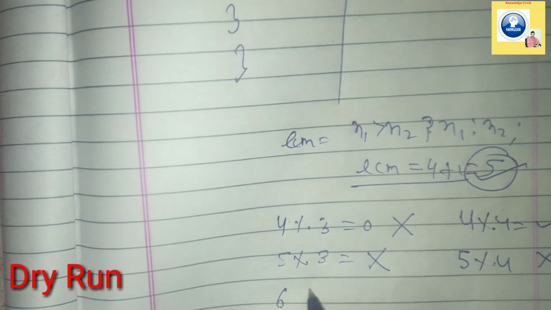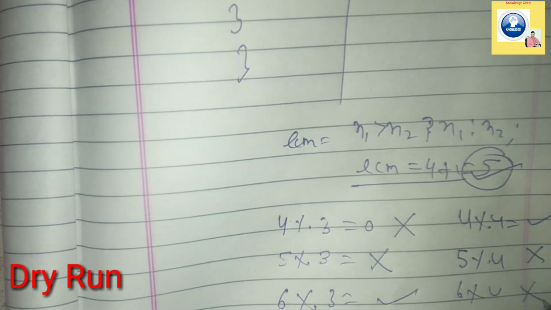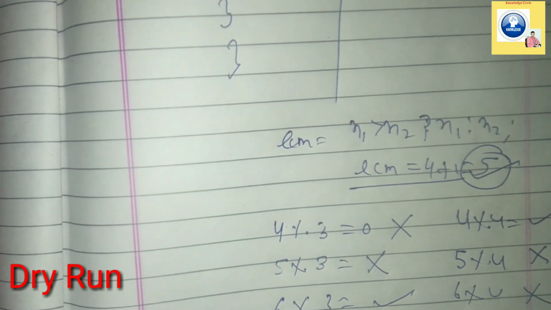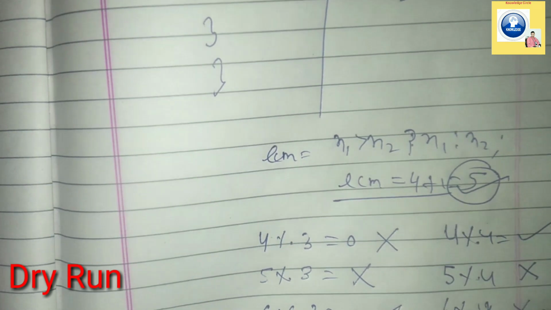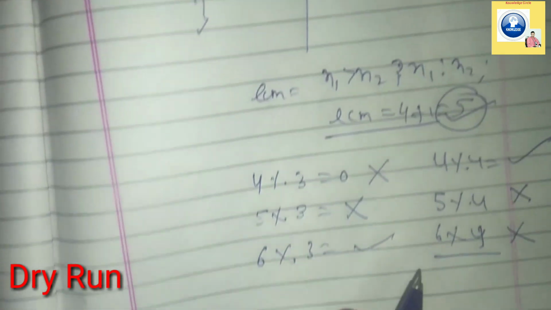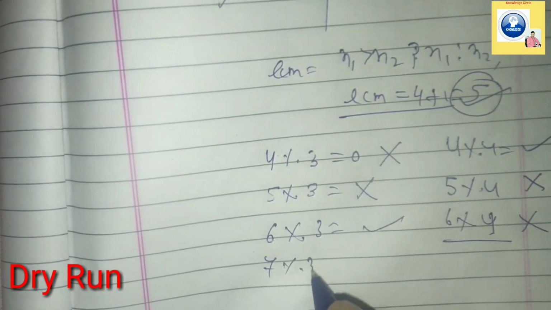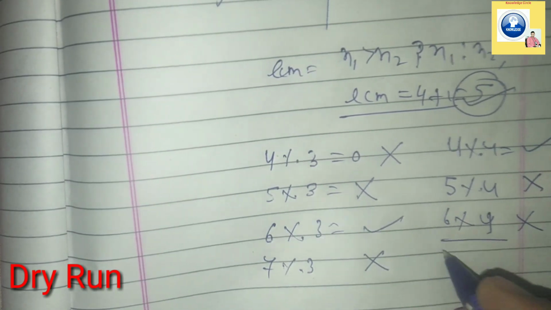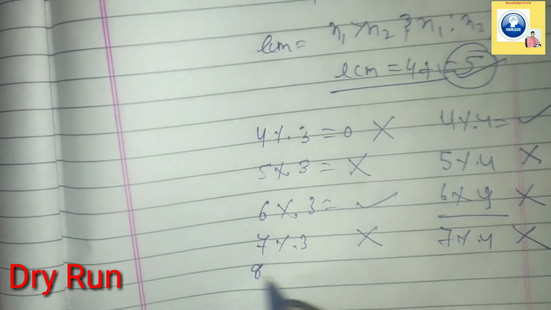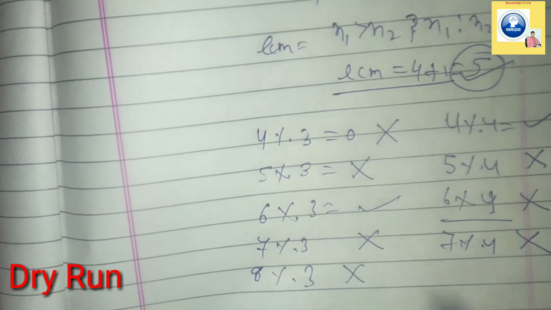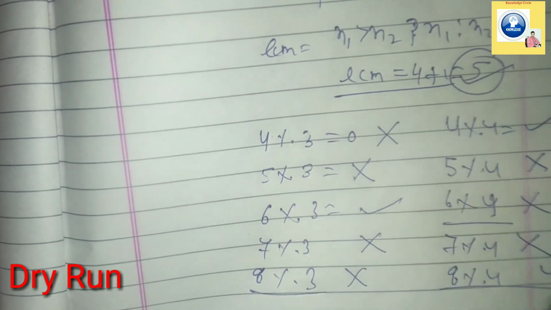It becomes 6. 6 modulo 3, yes, but 6 modulo 4, no, there is a remainder. So again LCM plus plus. What will be the value of the LCM now? It will be 7. 7 modulo 3 is not divisible, and 7 modulo 4 is also not divisible. Then 8. 8 modulo 3, not divisible. 8 modulo 4, divisible. But both should be divisible.